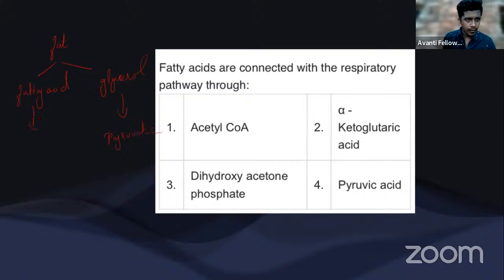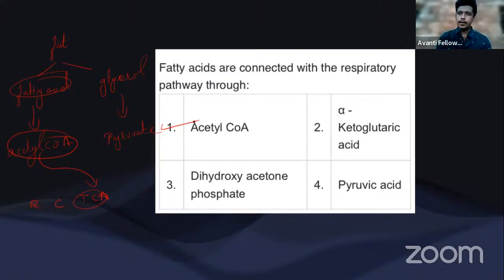And what happens to fatty acid? The fatty acid chain is eventually converted directly into acetyl-CoA. It has a series of steps, but fatty acid is converted into acetyl-CoA, and this acetyl-CoA enters the TCA cycle. So acetyl-CoA becomes the connecting link between fatty acid and the respiratory pathway. So our option should be acetyl-CoA.